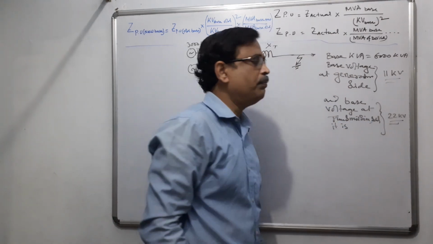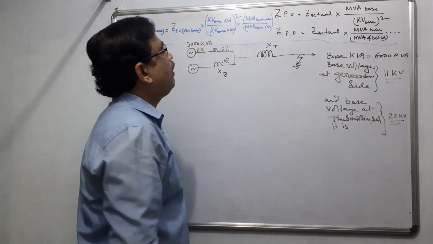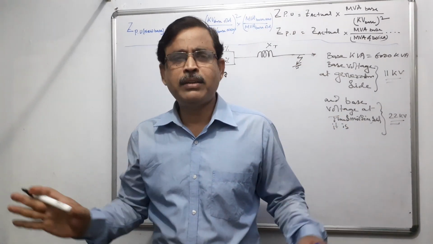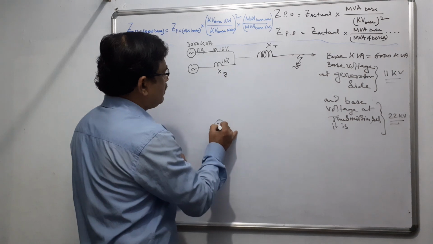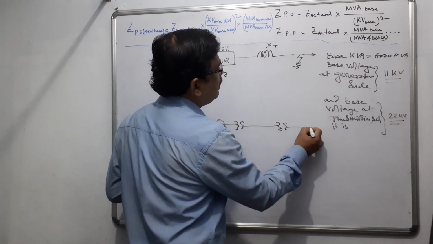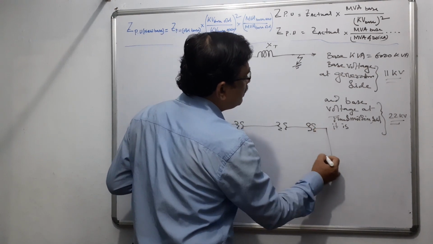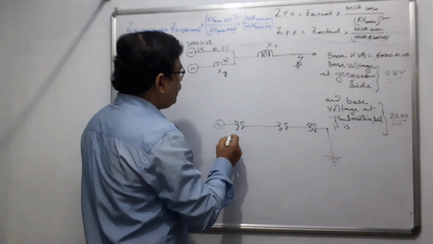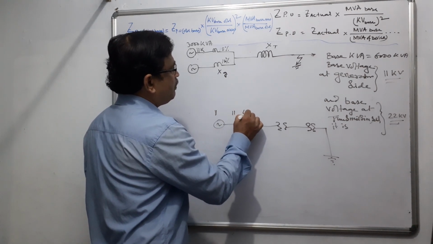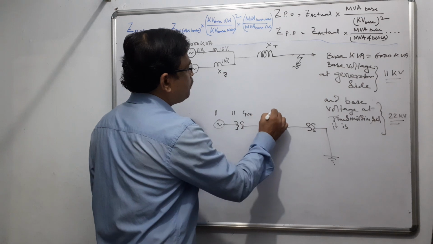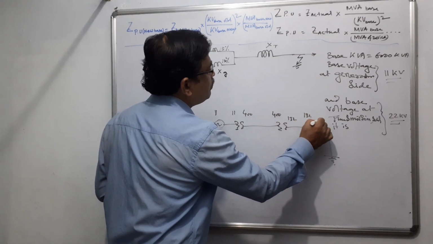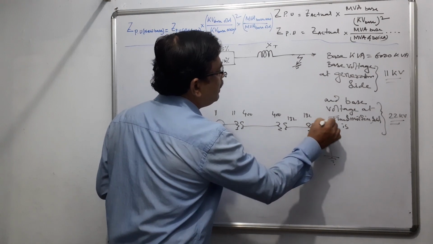Here one thing is very important. Whatever the size of the power system network, suppose this is the generator, then the step up transformer, this is the transmission line, then another secondary transmission line, then the load. If it is 11 kV, it is 400 kV, then again 400 kV to 132 kV, 132 kV to 33 kV, like that.